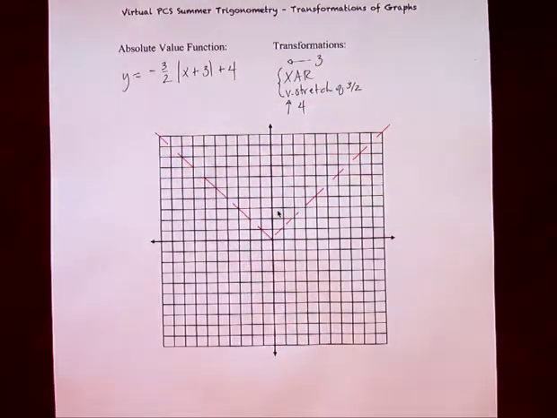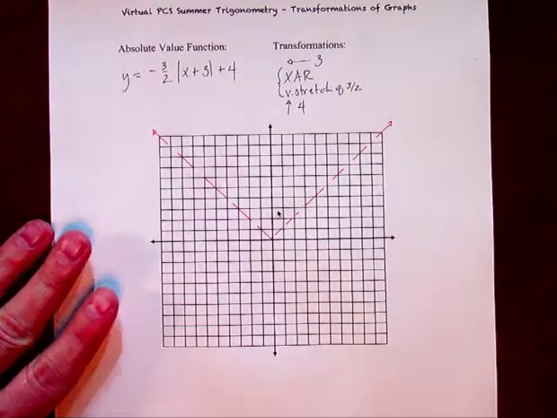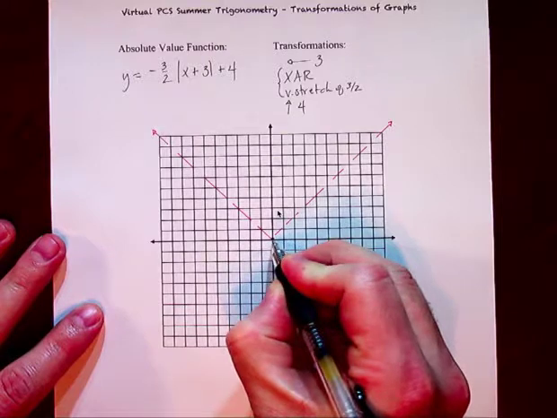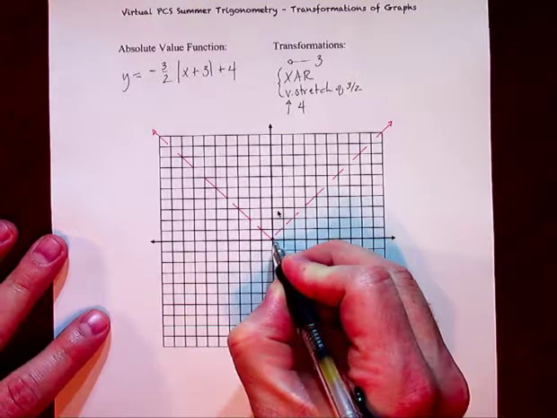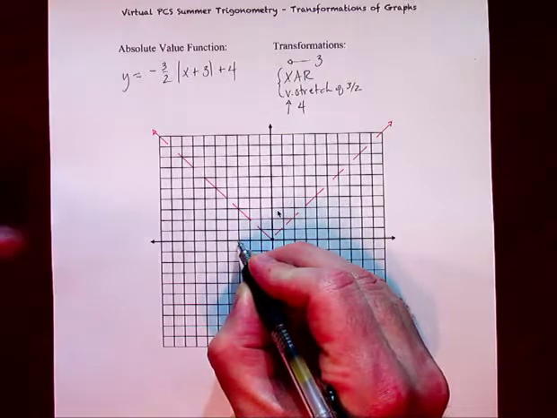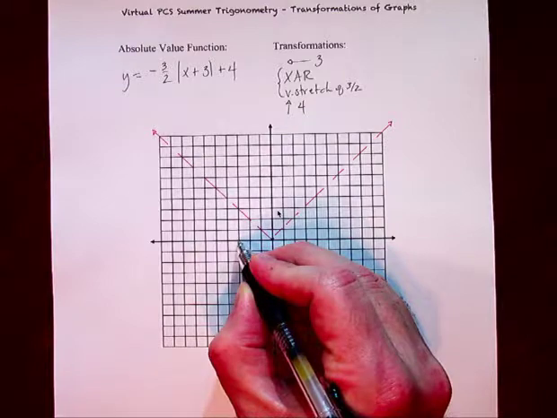All right, and here's the thing. We can do it in other ways, but just for the sake of being very, very clear and rudimentary, we're going to go point by point, okay? So let's go ahead and take this point down here on the original at 0, 0. Let's move it to the left 3 units. Now, here's the thing. In terms of its output, it's on the x-axis. Its output is 0.